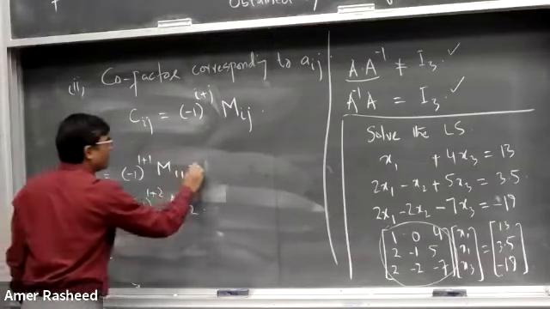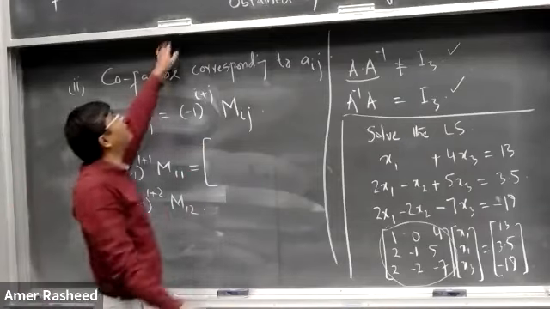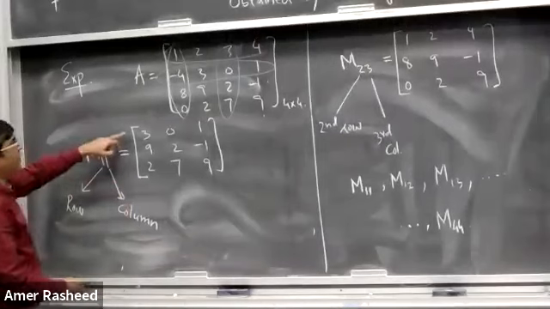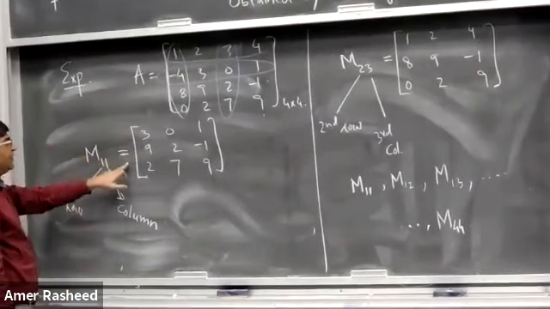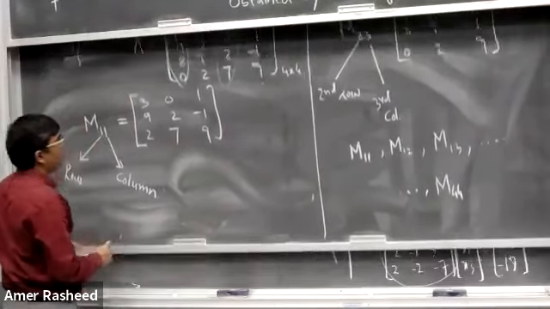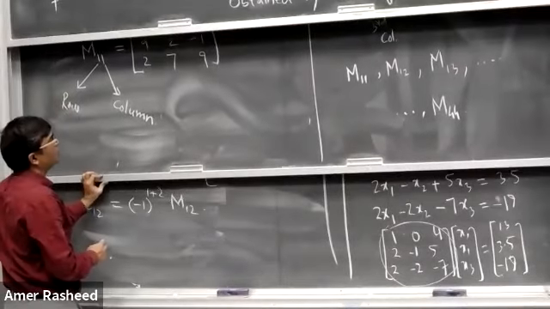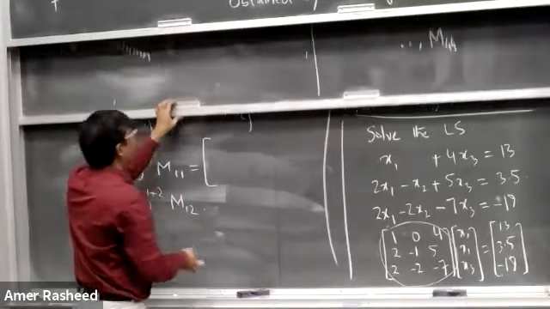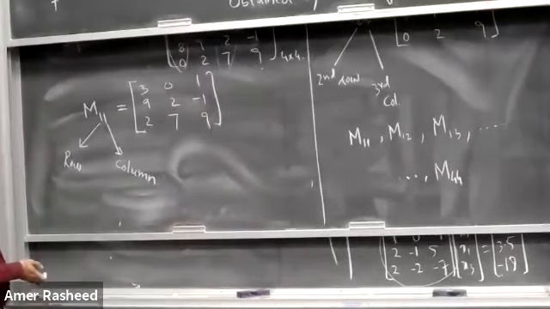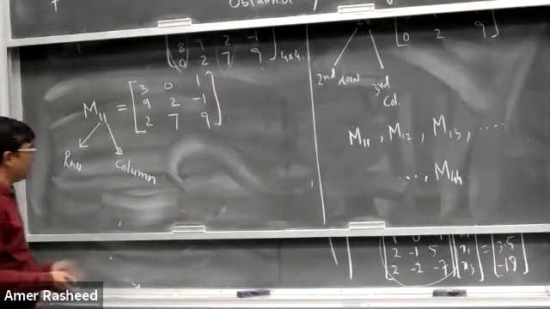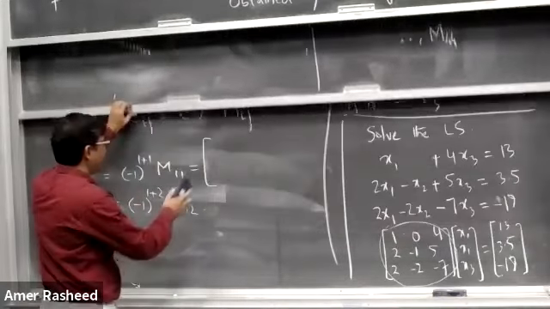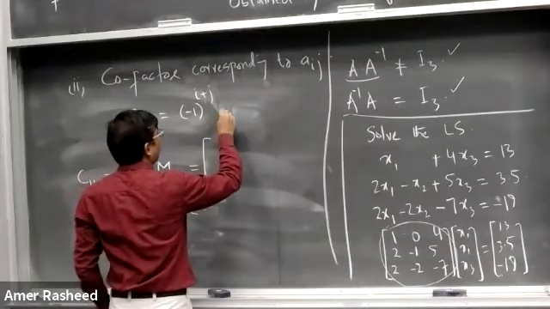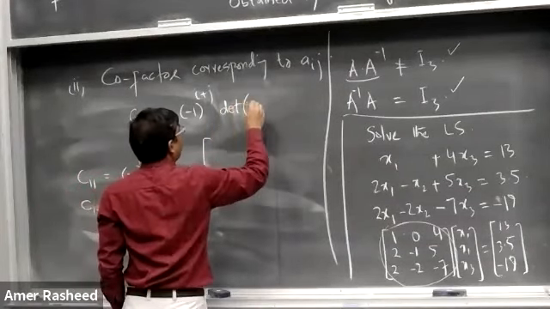M11 corresponding to that matrix we have calculated. This is your A matrix, and this is your M11: 3, 0, 1, 9, 2, -1, 2, 7, 1. In fact, one thing I missed here: it is basically the determinant of Mij.